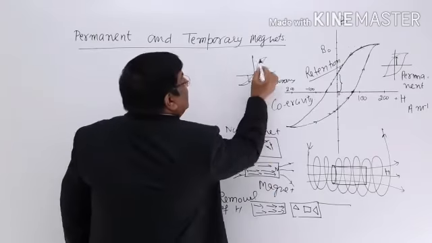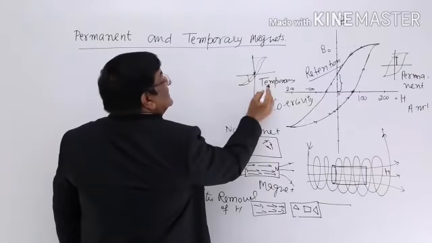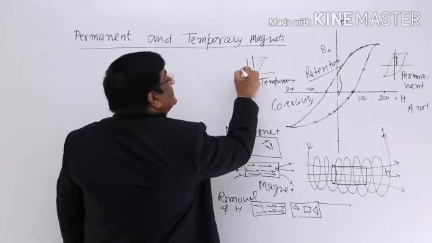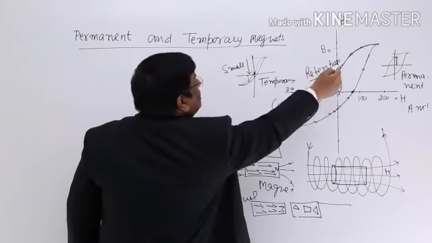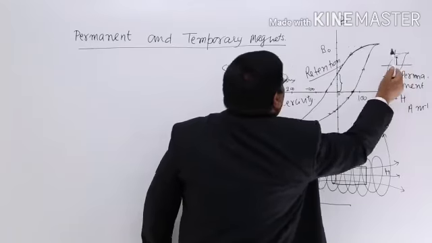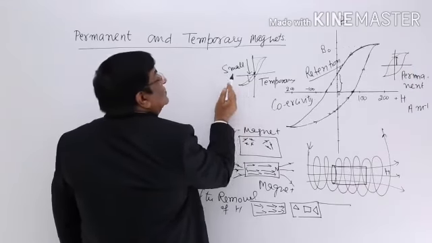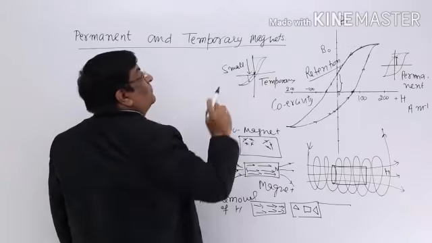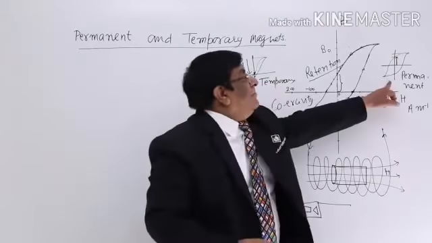So in this way, if this height is very small, then this is temporary. Here this was very large compared to the maximum value. Here it is very small compared to the maximum value. This is temporary and this is permanent.